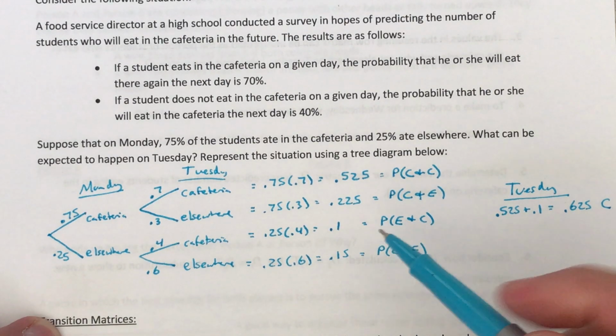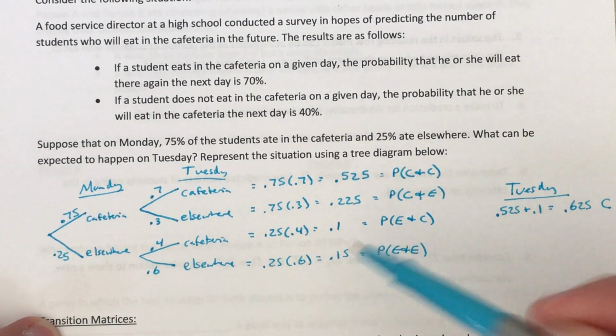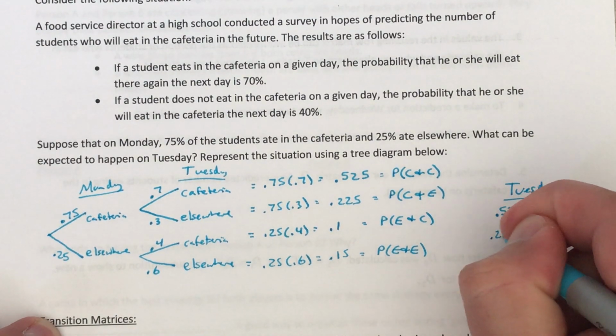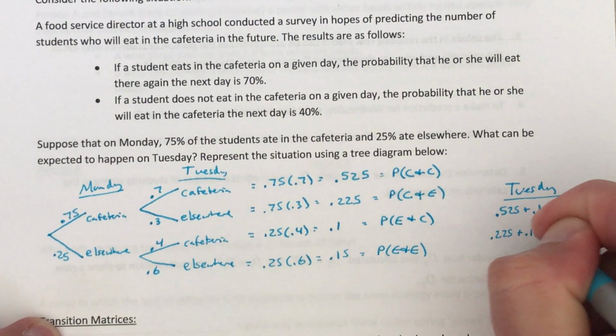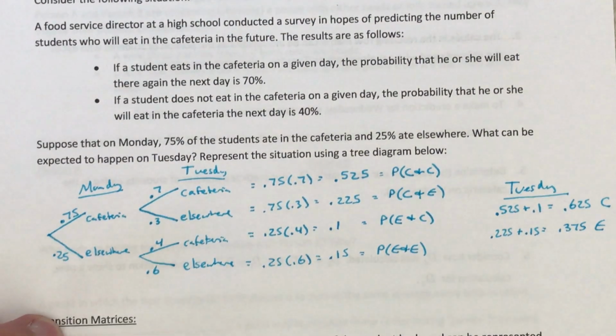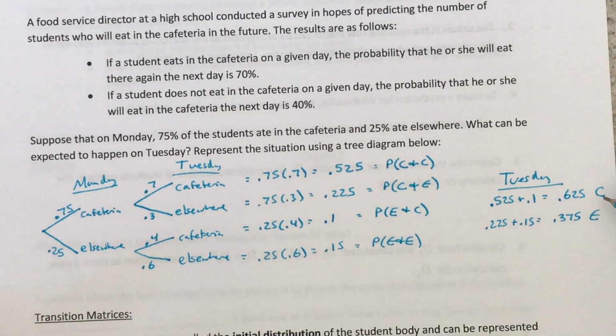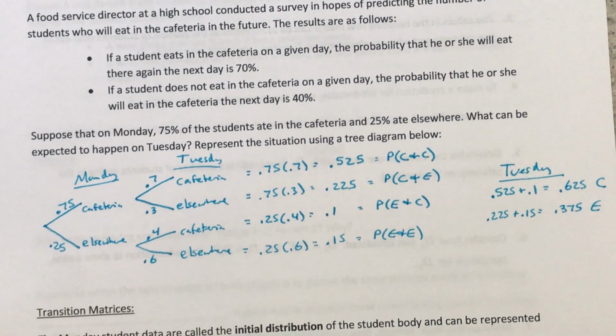And if we look at elsewhere, it's 0.225 and 0.15, which gives me 0.375 eating elsewhere. So the cafeteria workers can expect to see about 62.5% of the students that they'll have to feed, and it looks like about 37.5% of the students will have to eat elsewhere.